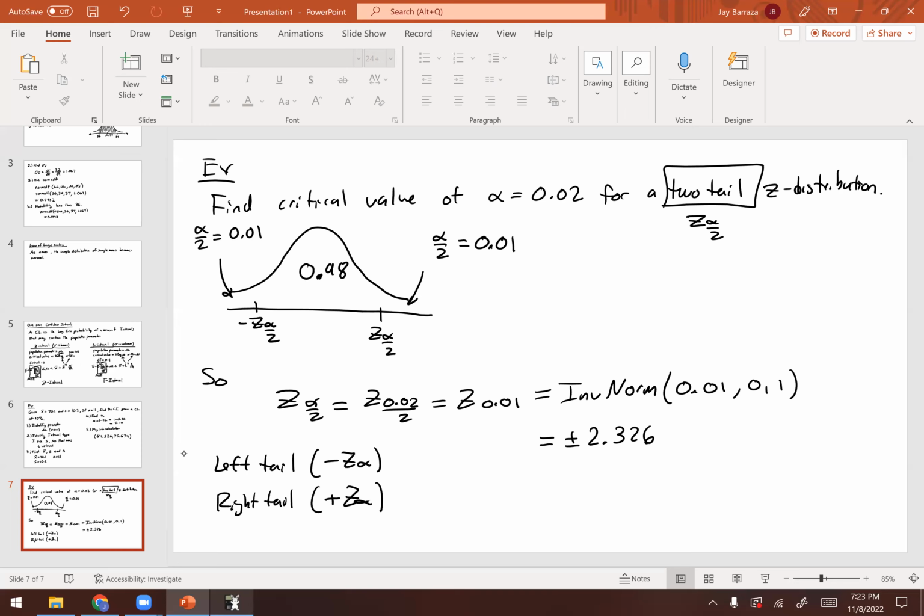Two tail means the not equals case. Left tail means the less than case. Right tail means the greater than case. So you'll have to look for that notation. But if I don't say anything, then you assume it's a two tail, right? You always assume two tail unless told otherwise. Any questions on that?